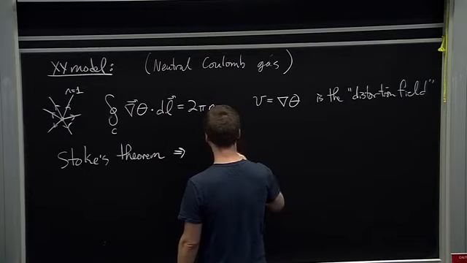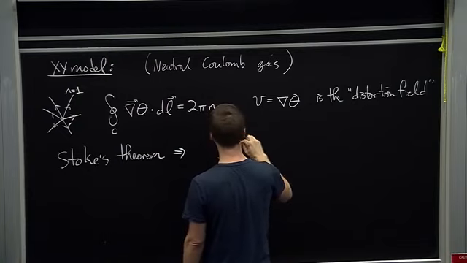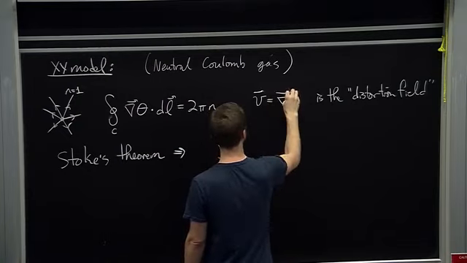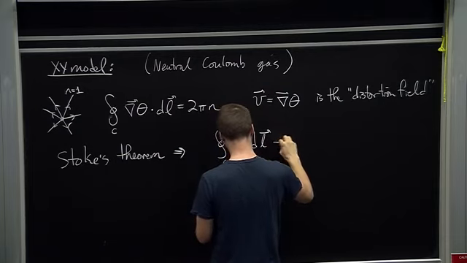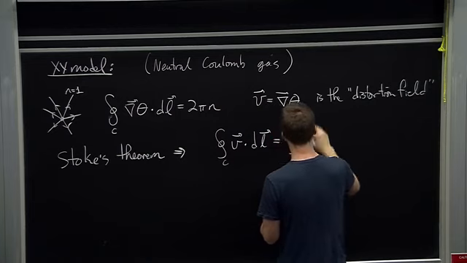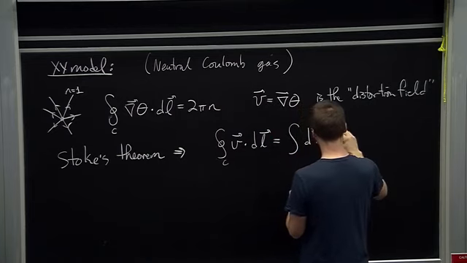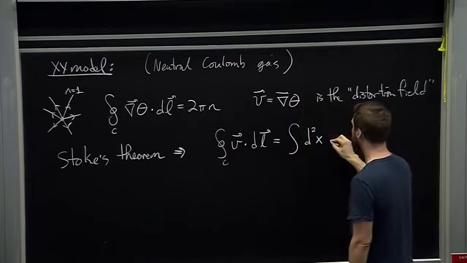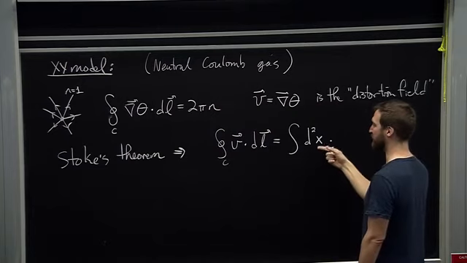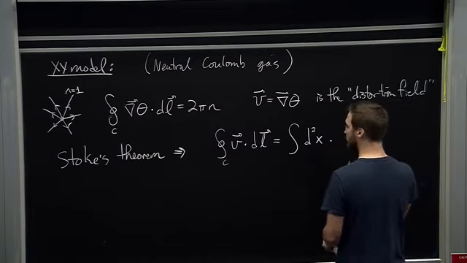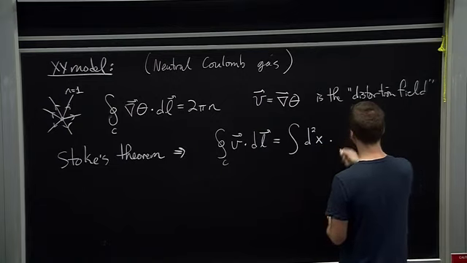So that's V. I have x and y. So my area element, right, which is what this is, has an orientation.